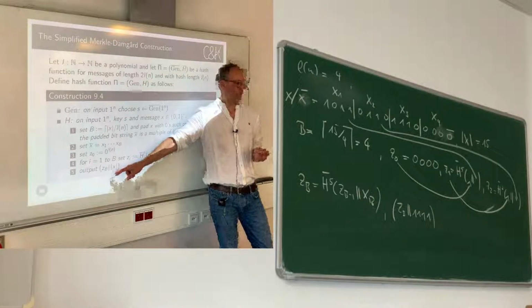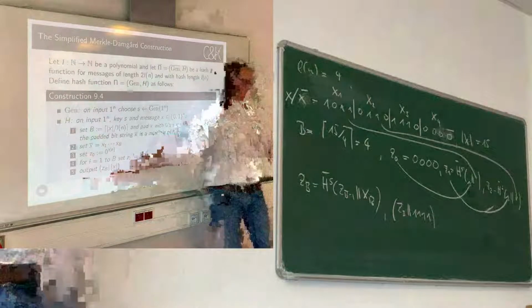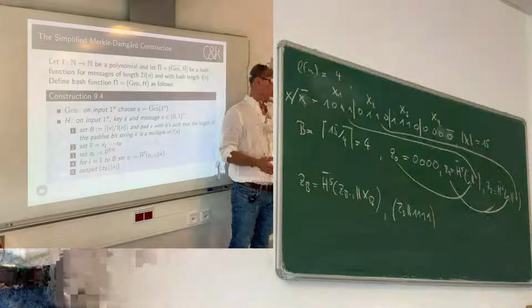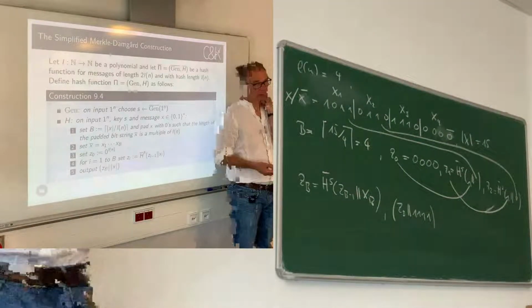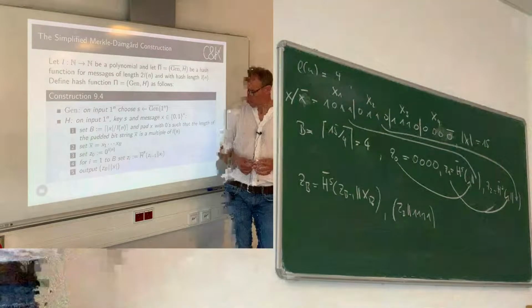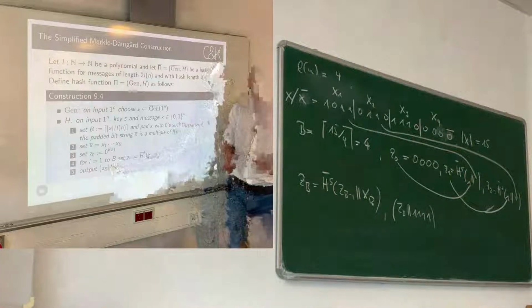So the longer x becomes, the longer the hash value becomes as well. This is usually not what we want. So we want to get rid of this and replace it by something else.